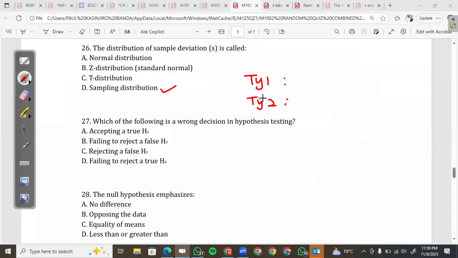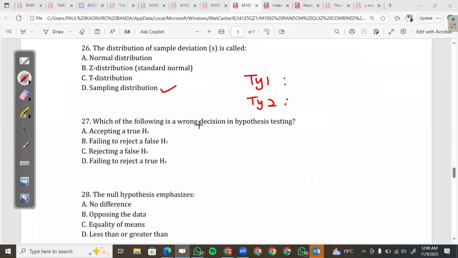Or we can say a type 1 error is rejecting the null hypothesis when it's true. I've just said what you said, but in another way. So rejecting the null hypothesis when it's true, that's a type 1 error. Or you can say what you said, accepting a null hypothesis when it's false. That is also a type 1 error. So you can define them like that.